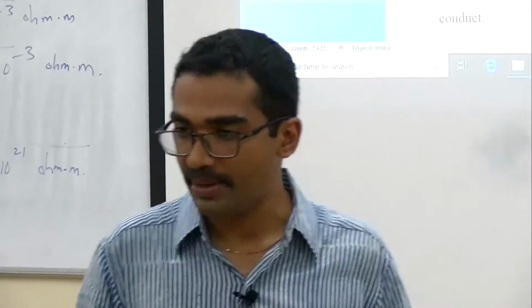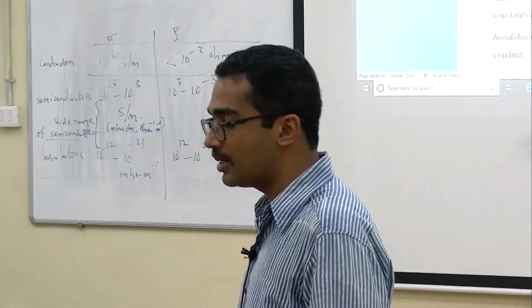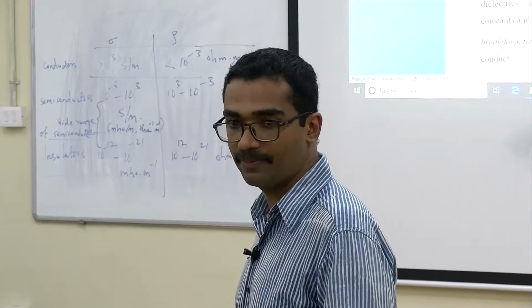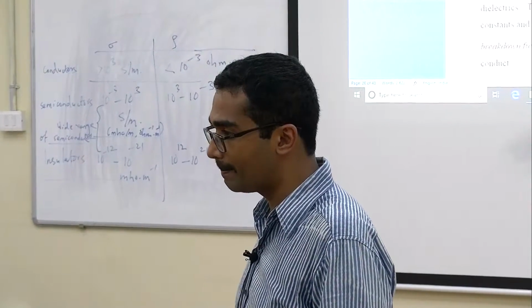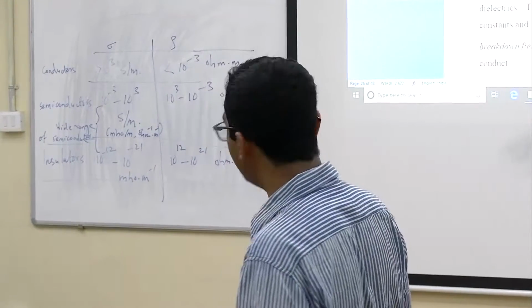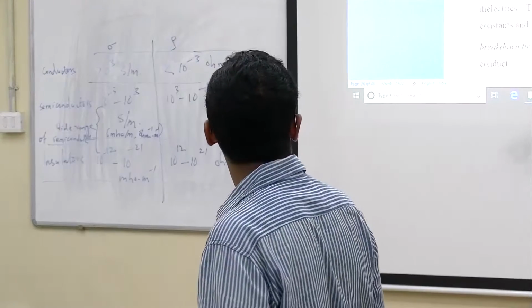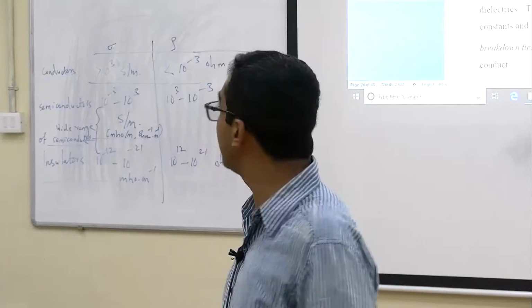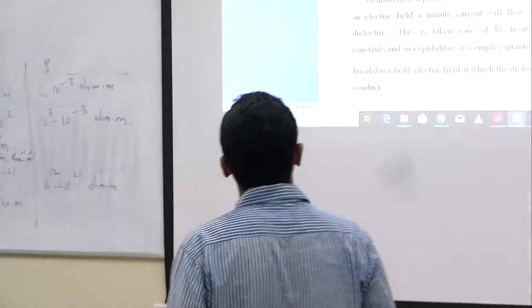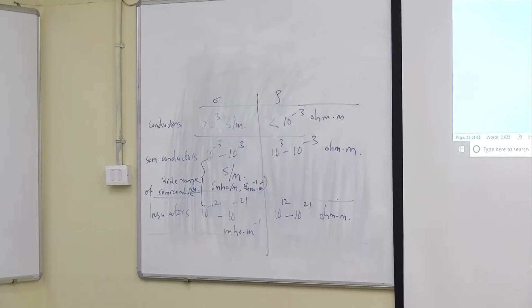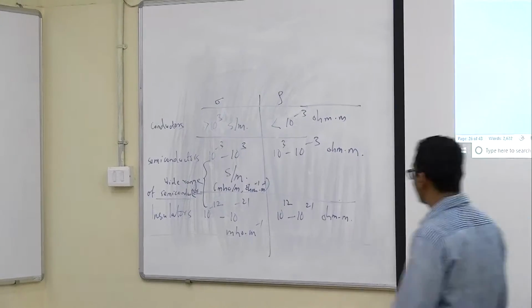The next question is about flux density, electrical flux density. That is, if you recall, D is equal to epsilon naught, epsilon R into electric field, E. And that epsilon R can be written as 1 plus susceptibility.